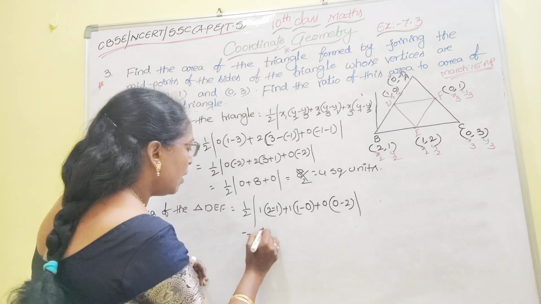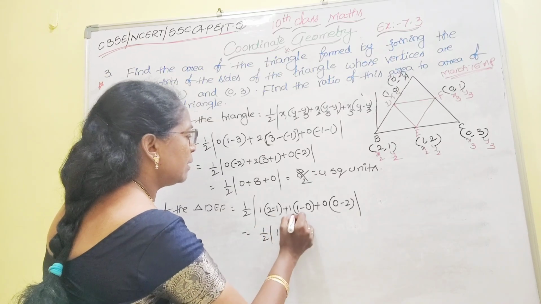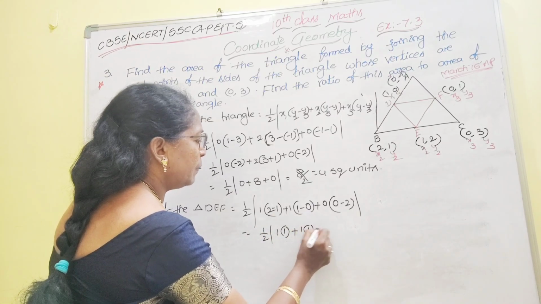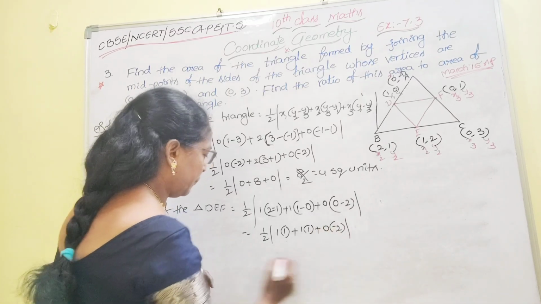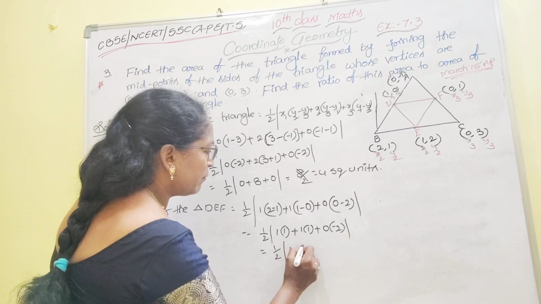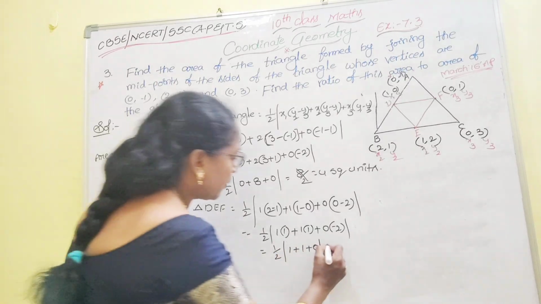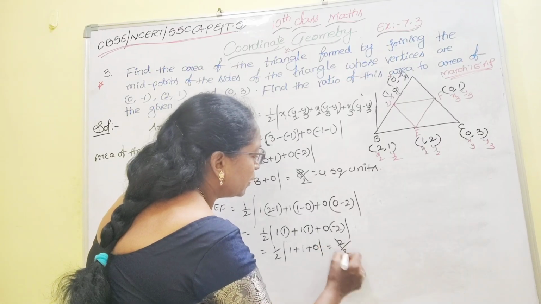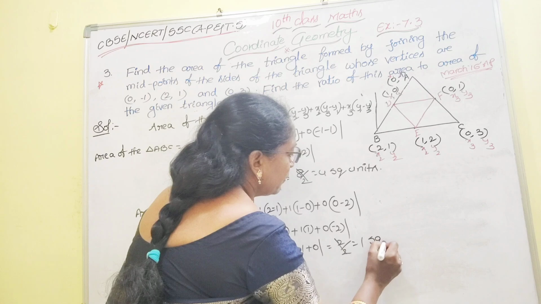Now here half into 1 into 1 plus 1 into 1 plus 0 into minus 2, that equal to half into 1 plus 1 plus 0. 1 plus 1 equal to 2, 2 by 2 that equal to 1. That equal to 1 square unit.